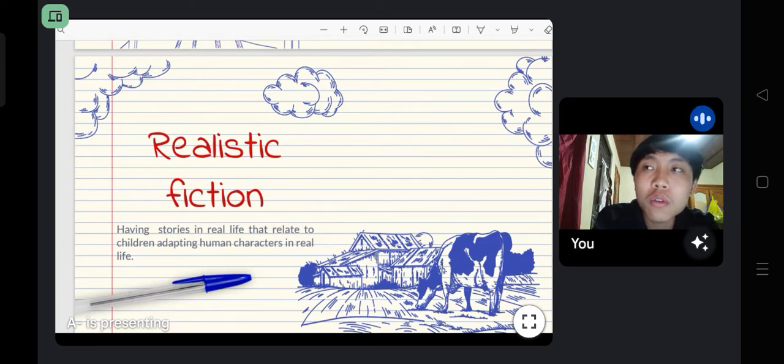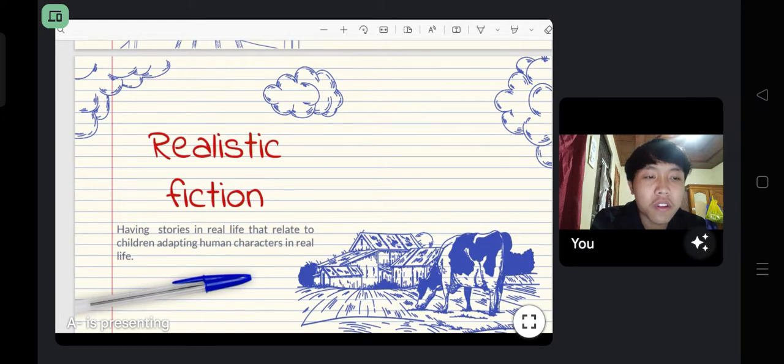Another example is a story that tells how to survive in the forest, so young learners can learn from that.